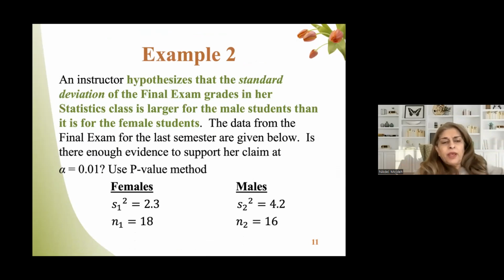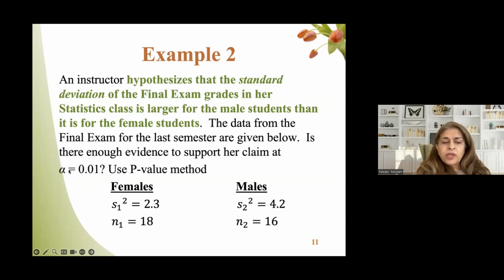Second example, an instructor hypothesizes that the standard deviation of the final exam grades in her statistics class is larger for the male students than it is for the female students. We have given you statistics for female group and male group.